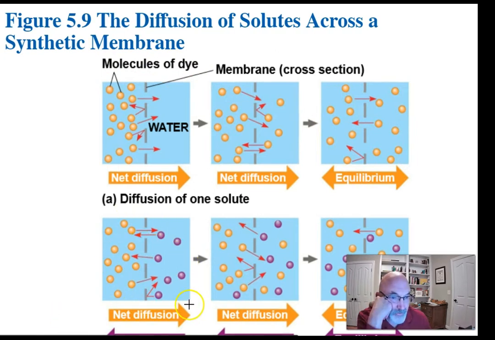Now down here we have diffusion of two solutes, and we have diffusion of the purple going in one direction and the diffusion of the gold going in the other direction. And once again, in the end, you will have an equal concentration on both sides of the membrane.